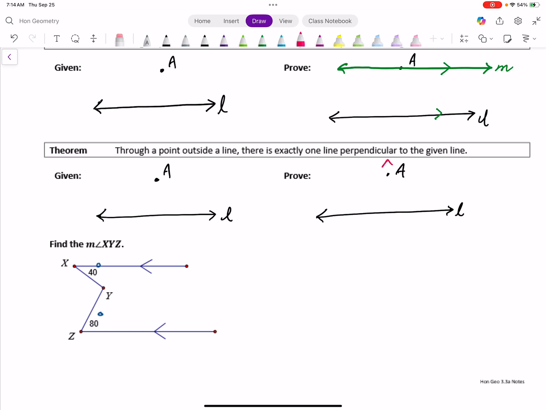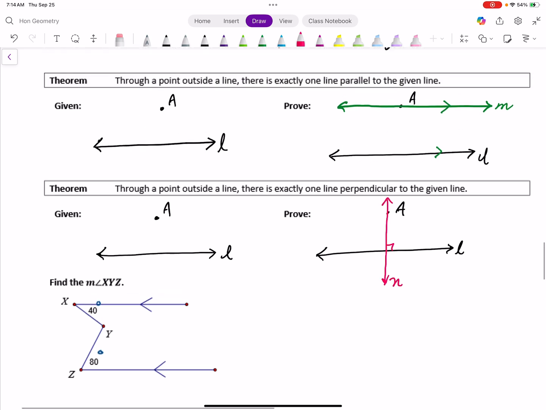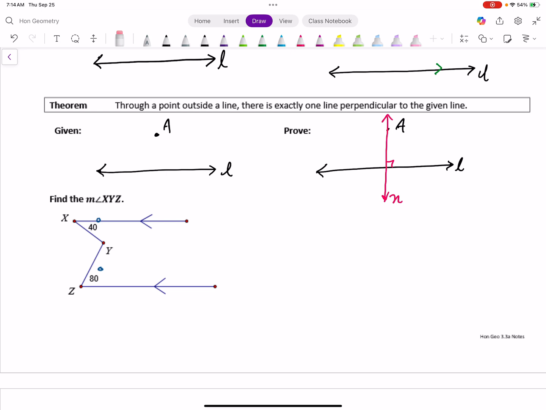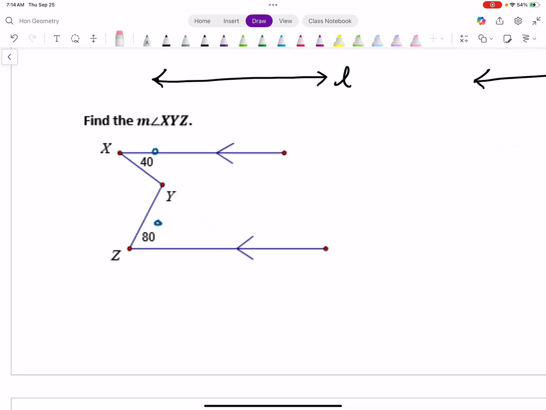There is only going to be one line. Let's say it's line N on this one that's perpendicular. So those two theorems, yeah, just memorize those and use them. So you'll like these kind of problems. I'm going to introduce you to something known as an auxiliary line.